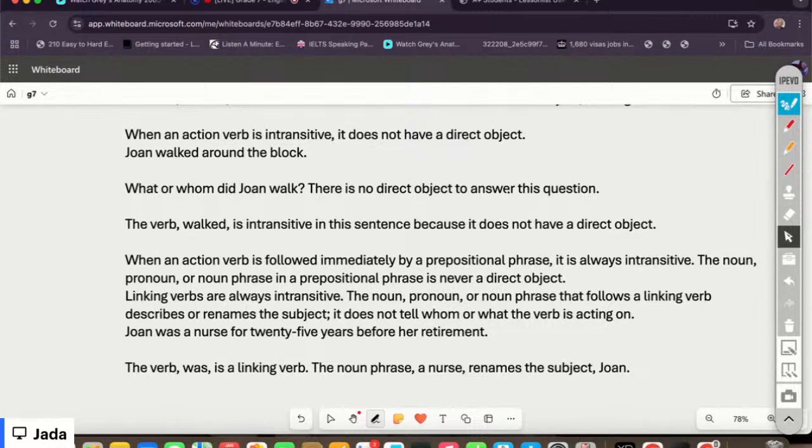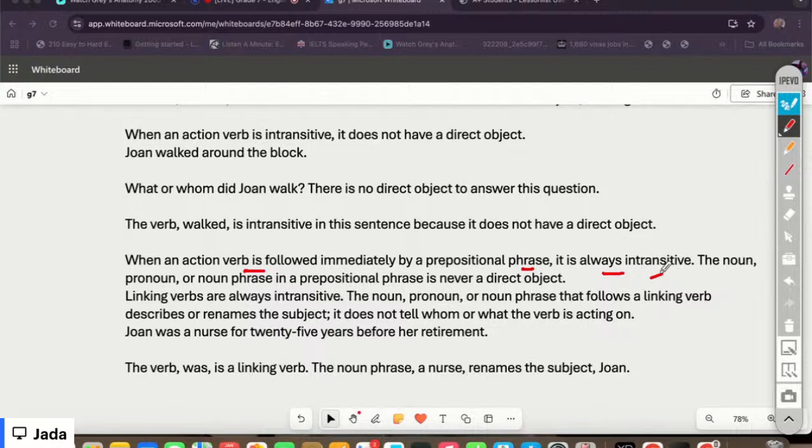Okay, so when an action verb is followed immediately by a prepositional phrase, it is always intransitive.